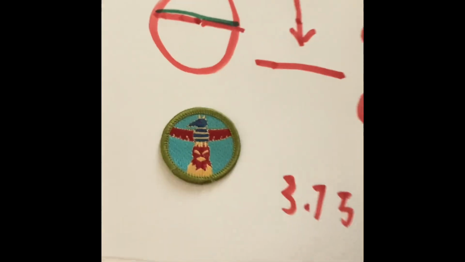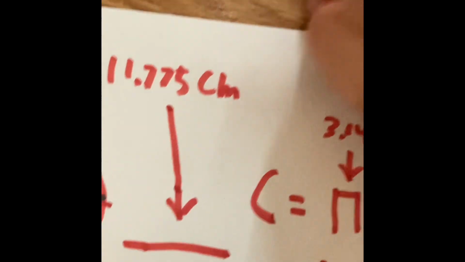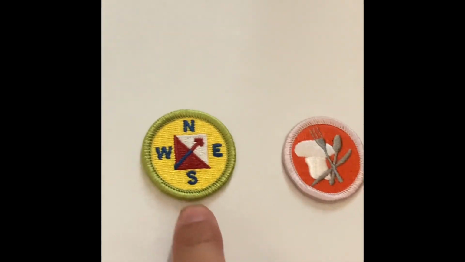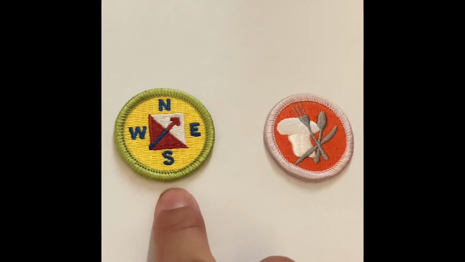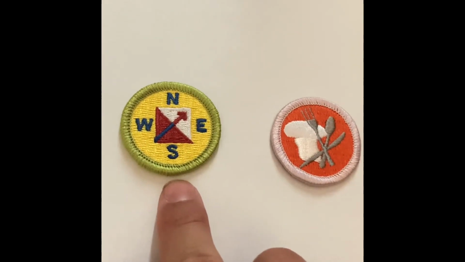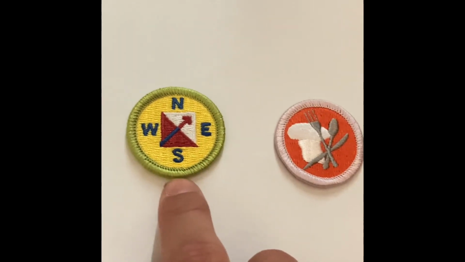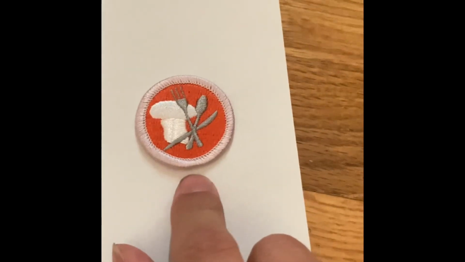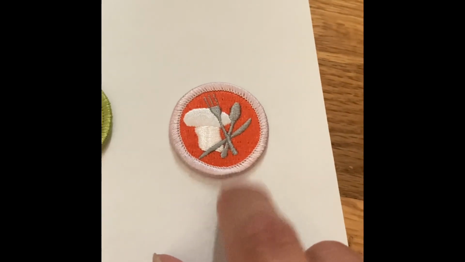Before we end this video, we're gonna tell you guys and gals a cool fact. There's a hidden meaning about these merit badges. If the circumference of a merit badge has a green lining, it means that it's not required for the highest rank you can earn in scouting, which is known as Eagle Scout. If a merit badge does have a silver lining, it means that it is required for the Eagle Scout rank.